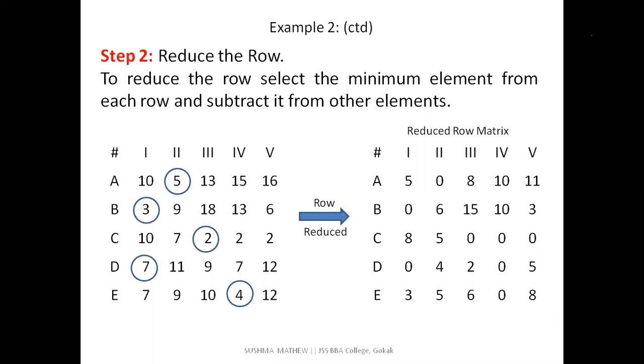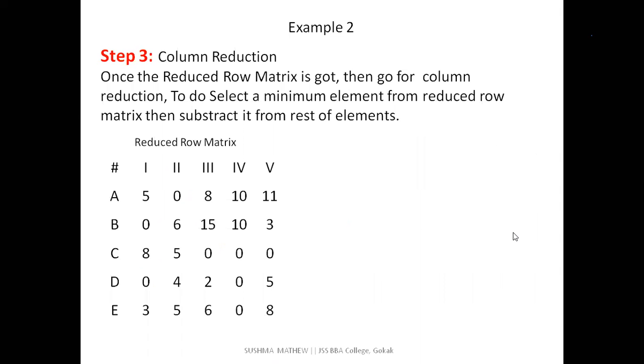Fine. Now going further, what we have to do? Somebody can unmute and answer me. How are we supposed to do this? Next, column reduction. How are we doing the column reduction? Take the reduced row matrix, identify column wise minimum element.